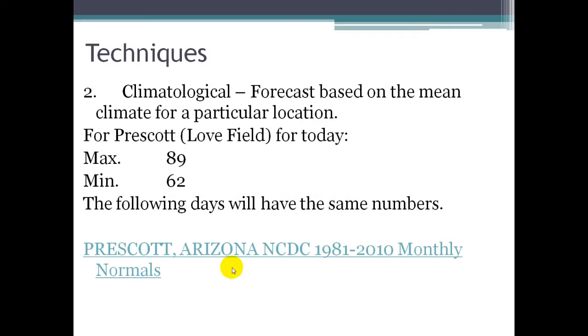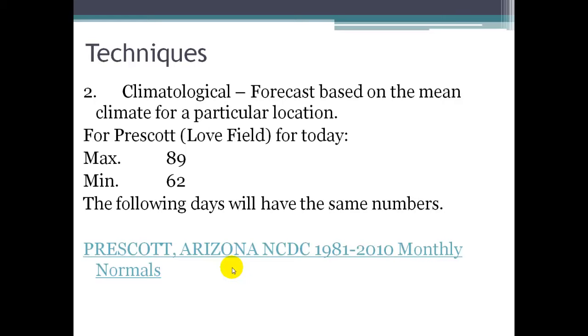Another weather forecasting technique for the short term is the climatological model. This is a forecast that's based on the mean climate for a particular location. So what is a mean? Well, the NCDC, the National Climate Data Center, keeps track of 30-year averages for particular weather variables for locations.